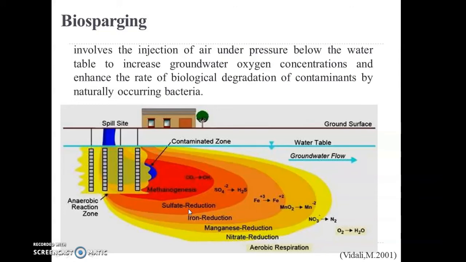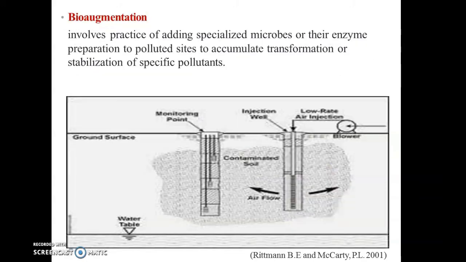Into a large well, we will inject air under pressure below the water table to increase groundwater oxygen concentration and enhance the rate of biological degradation of contamination which reaches the water table. This biosparging is done using the naturally occurring bacteria.